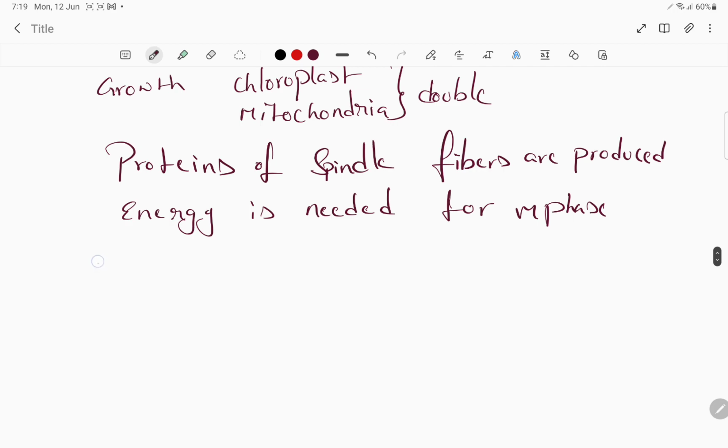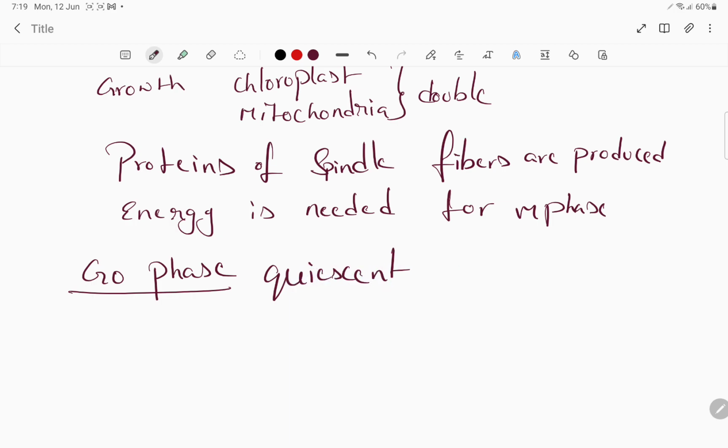Coming finally to the G0 phase, which we otherwise call the quiescent phase. In the quiescent phase, metabolically active cells do not undergo division, permanently or temporarily. The cell exits from the cell cycle in G1.